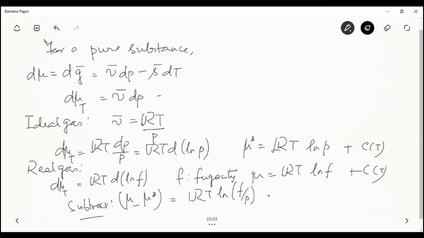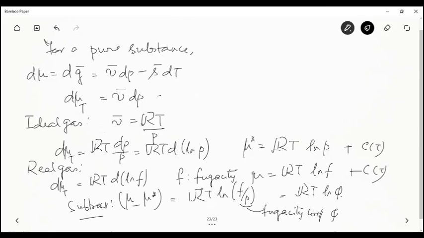If I call this f by P a fugacity coefficient, phi, then this is RT log of phi.